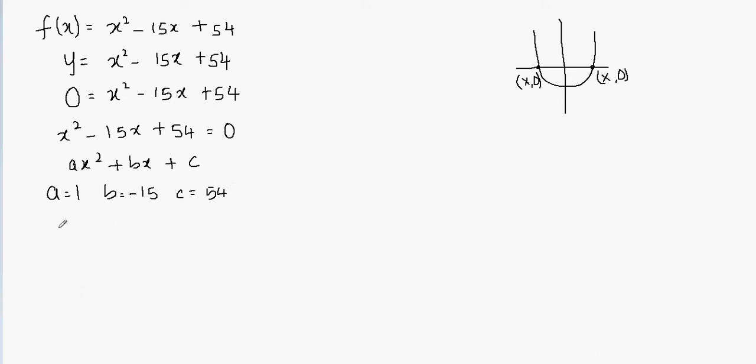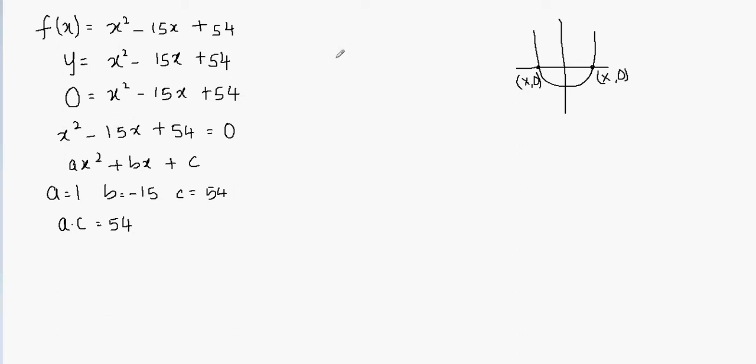Now, we will use the AC method in which we multiply a and c. A is 1 and c is 54, so 1 times 54 is going to be 54, and we'll factor this equation. How do we factor it?